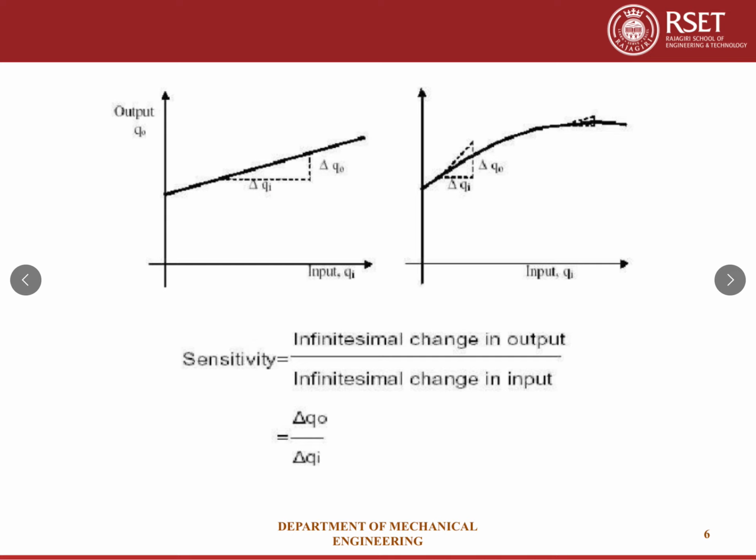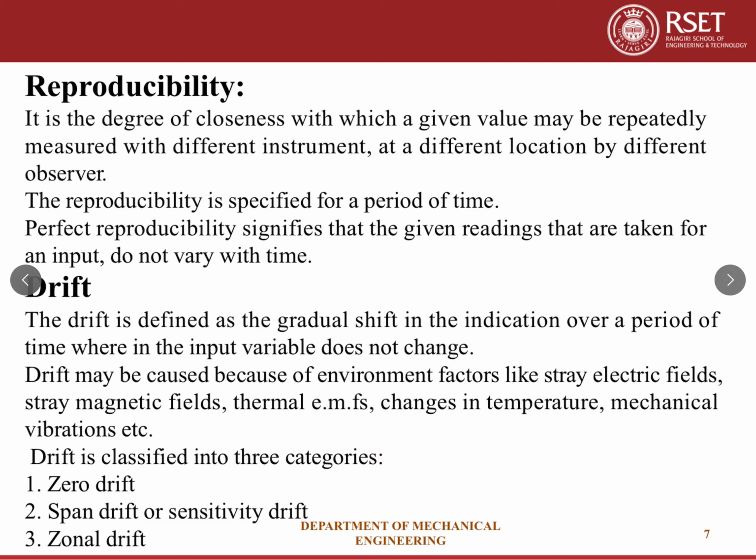Sensitivity is the change in output for a change in input, that is delta q0 by delta qi. So the ratio of the magnitude of change in output to change in input is called sensitivity.